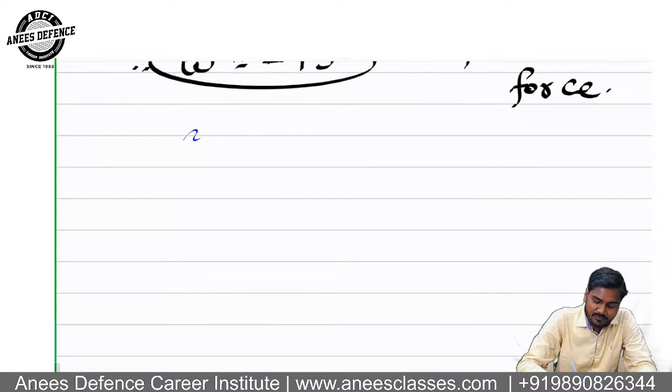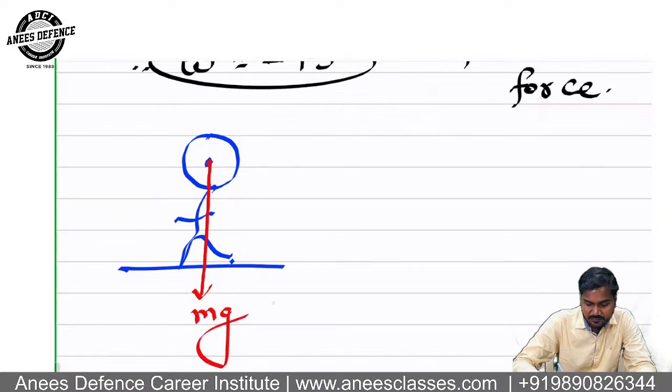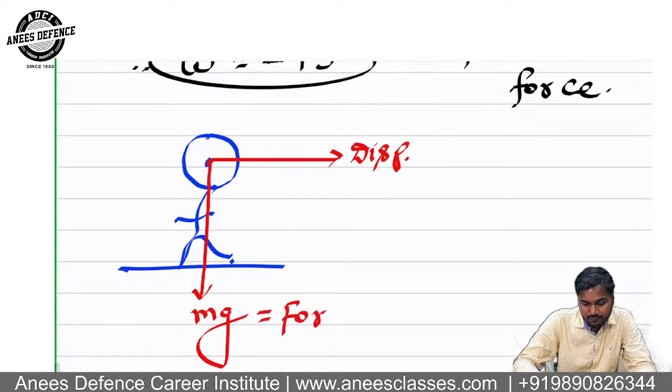बच्चे लोग, simple एक हम लोग example ले सकते हैं, एक कुली का example ले सकते हैं अपन। कुली के example में mg will act in downward direction, along negative y-axis, and the person is moving, consider along x-axis. So this is the direction of displacement, and this is the mg, the direction of force.